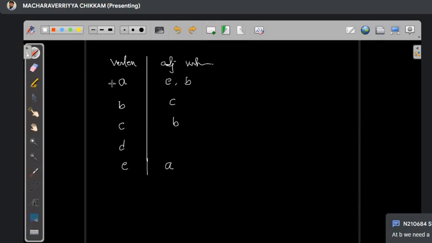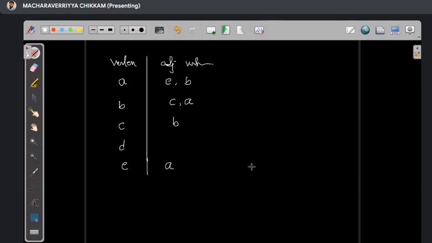Here A is connected to E and B, therefore B is adjacent to A also. So here I need to take A. Now is it possible?